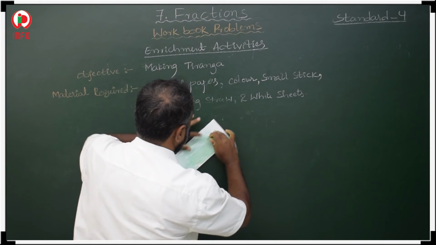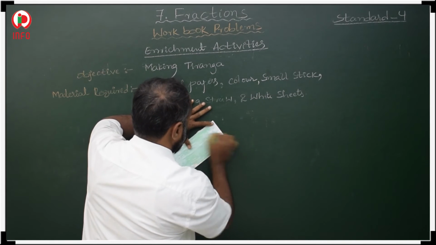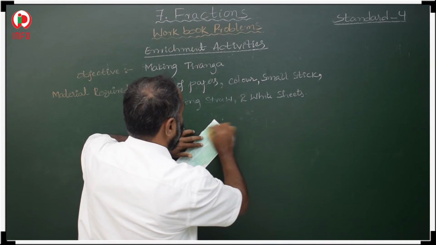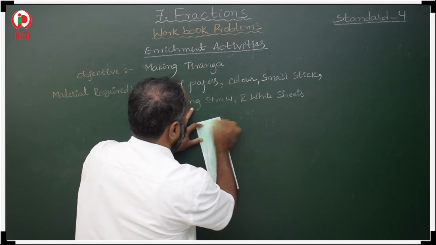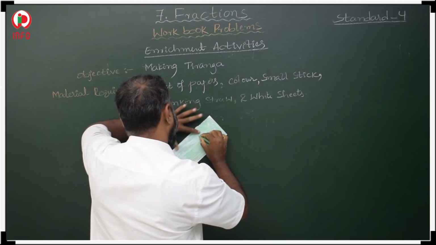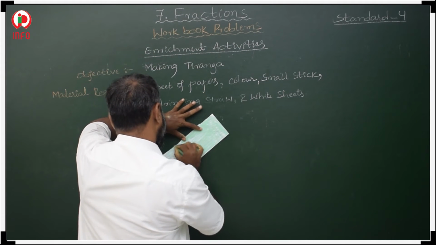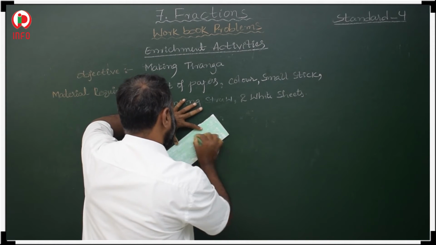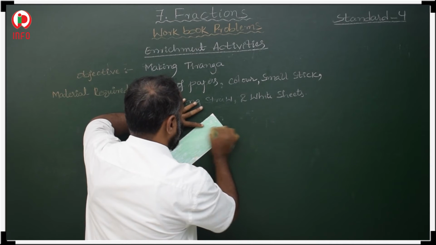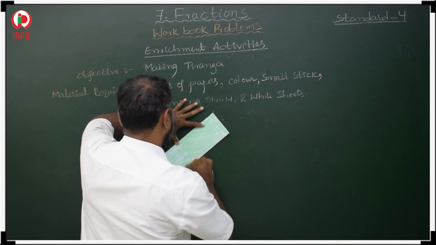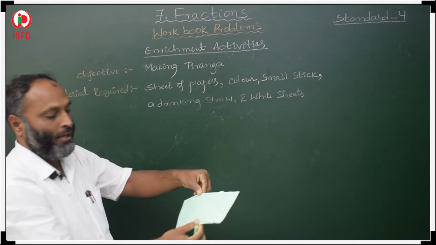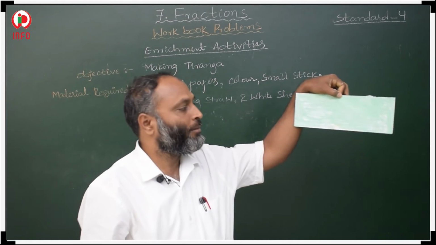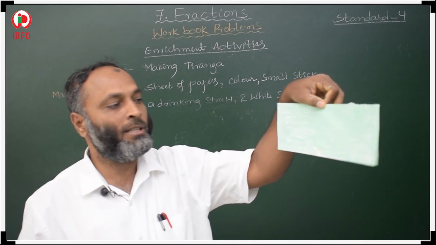This is our green color portion. So half of our portion is orange color and half of our portion is green color.